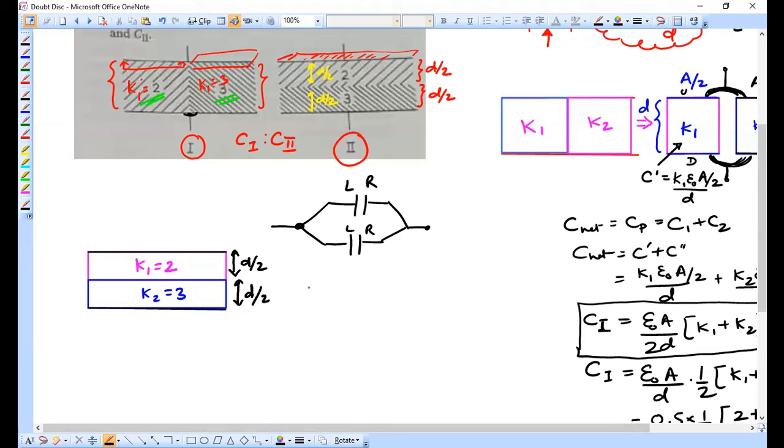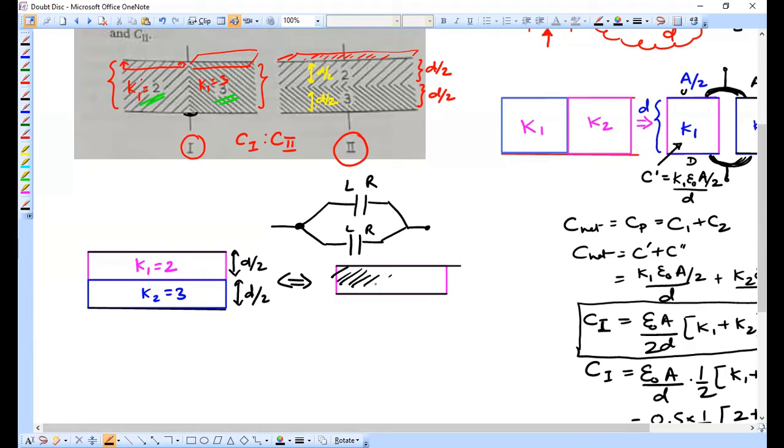So what I'm going to do, the same figure can be thought of as this one dielectric. So this is one. This becomes my one capacitor.